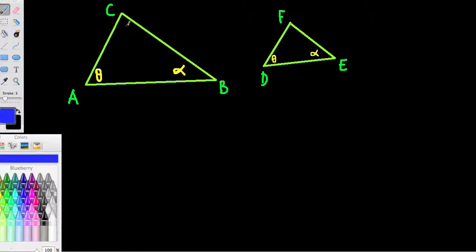This angle, alpha, angle CBA, is equal to angle FED. Therefore, this angle here must be the same as that angle there. It has to be the same because these 3 angles must add up to 180.